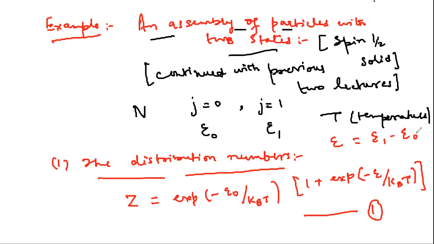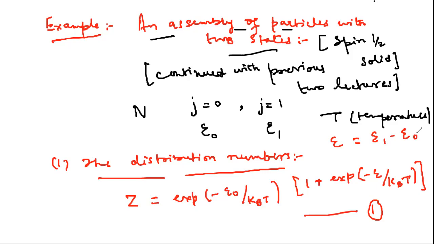Then we said it can be thought of as a product of two factors, Z0 and Z thermal. The first factor we call the zero point term, and the second factor the thermal term.